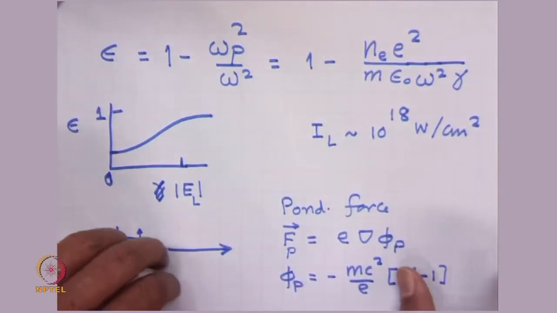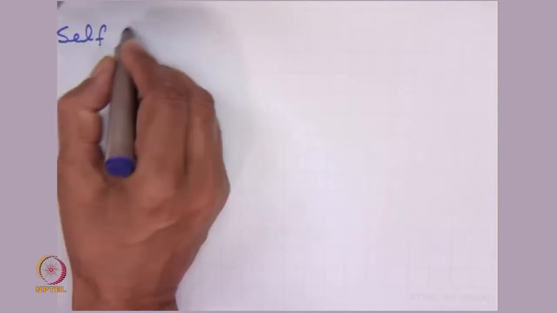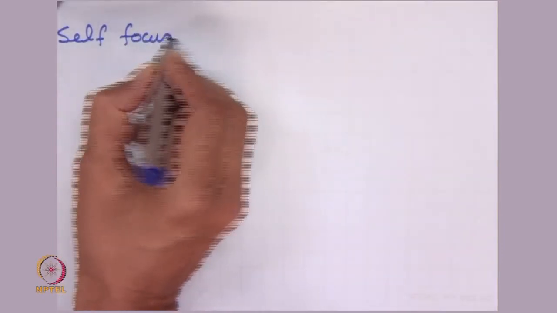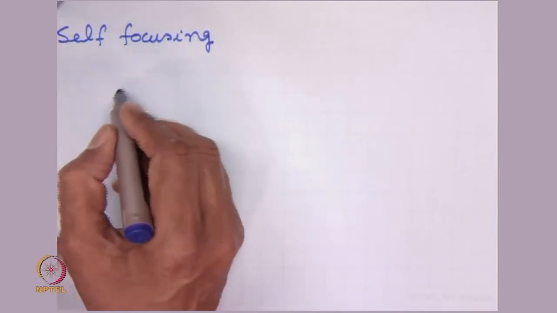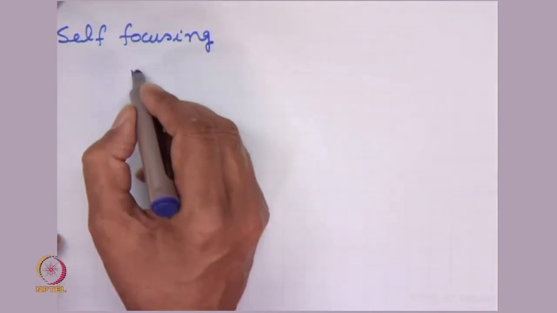Now, let us see the consequence of this. It is a very fascinating consequence. This results in the process of self-focusing. Let me explain the physics. Consider a plasma in which a laser beam is traveling. This is the wavefront of the laser beam, and this is the intensity distribution.